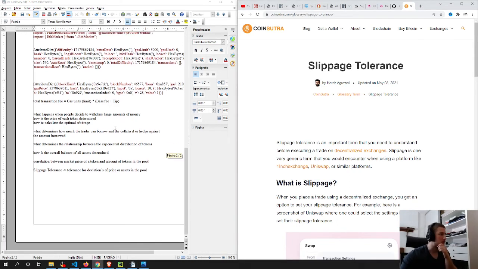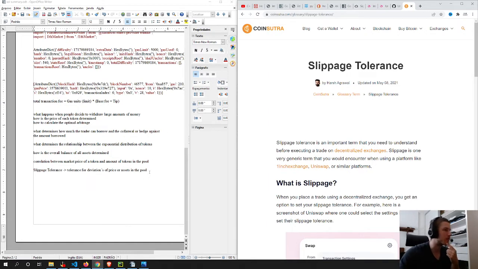So what happens when people decide to withdraw large amounts of money? How's the price of each token determined? How to calculate the optimal arbitrage? Tolerance for deviations of price.